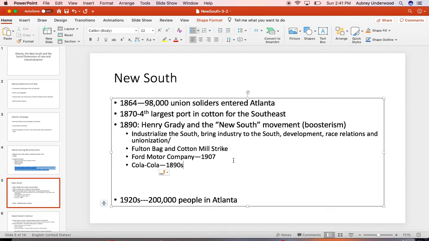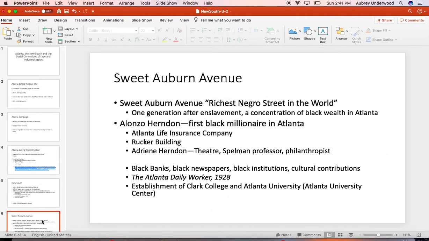By 1920, you have around 200,000 people living in Atlanta. And although it's not the biggest city in the South, it is poised to become that in the decades that follow. And during Reconstruction, Sweet Auburn Avenue was known as the richest Negro street in the world.